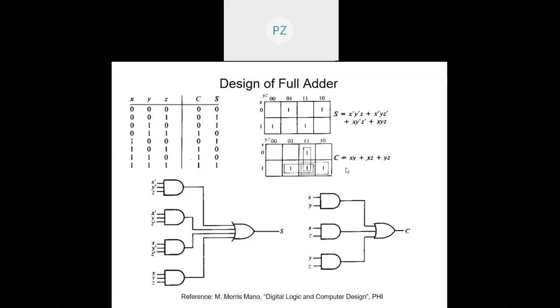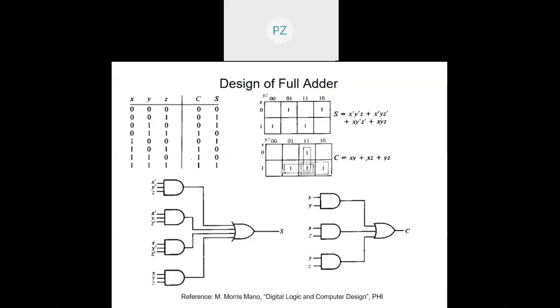Now for carry bit, let us populate it. This is the carry column 0 0 0 1. So 0 0 0 1, a 1 here, right? Then 0 1 1 1. So 0 1 1 1. Now combinations are possible, right? In fact, this combination is possible. So when I combine this, x gets eliminated, I get yz.